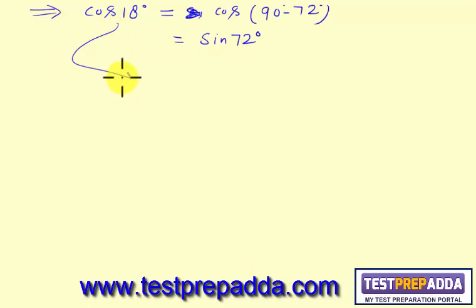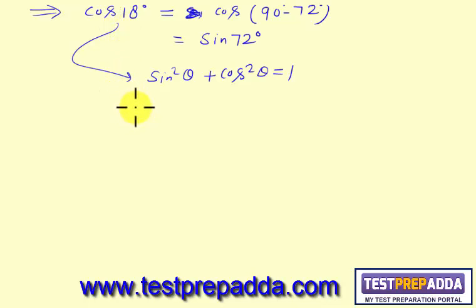Now we can get this cos 18 degree in a similar manner as we did for sine 18 degree. But we know one more basic identity, where we say sine square theta plus cos square theta is equal to 1. I will use this identity to get the value of cos 18 degree.